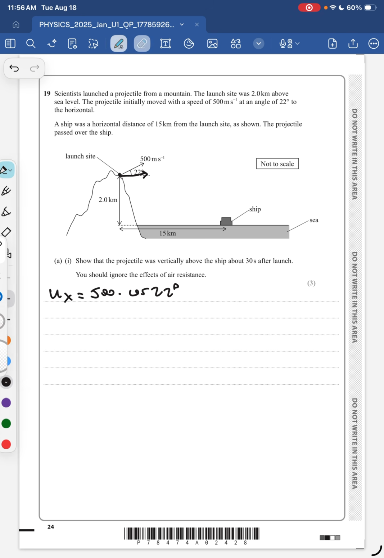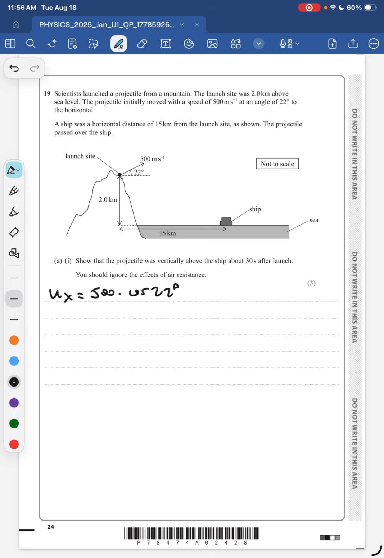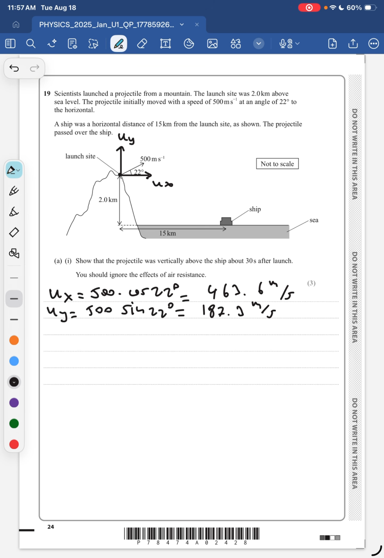We have ux and uy. ux is 463.6 meters per second, and uy is 500 sine 22 degrees, so that's 187.3 meters per second.